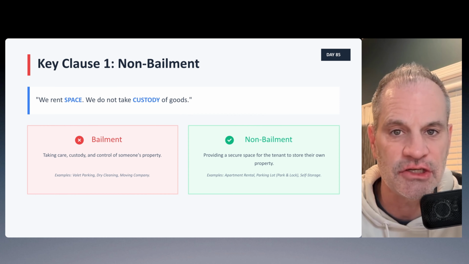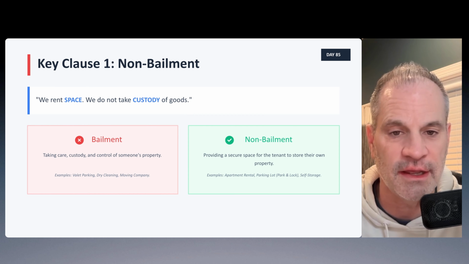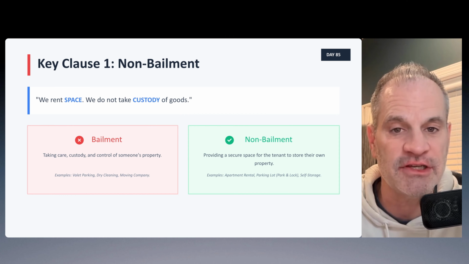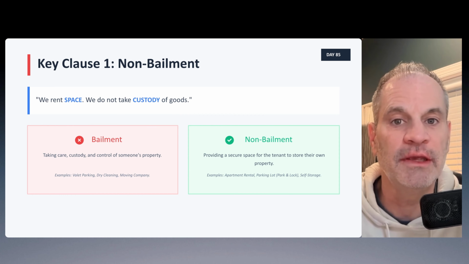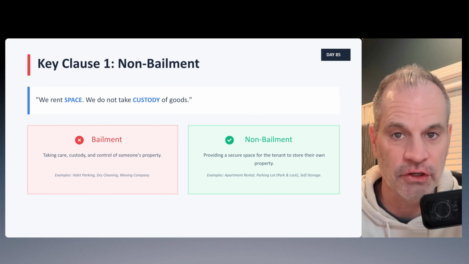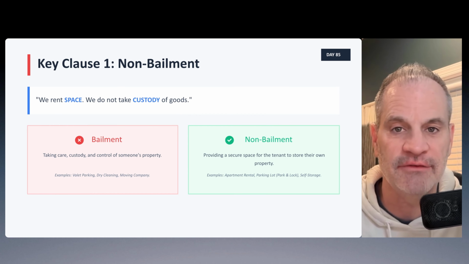This distinction shifts the entire liability for the contents squarely onto the tenant. If you fail to establish non-bailment, you become an insurer of their goods. This is a liability that you absolutely cannot afford.